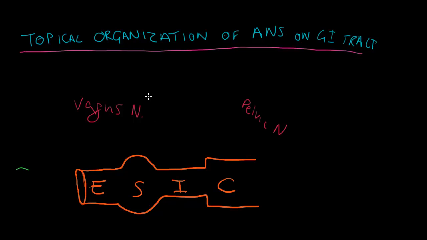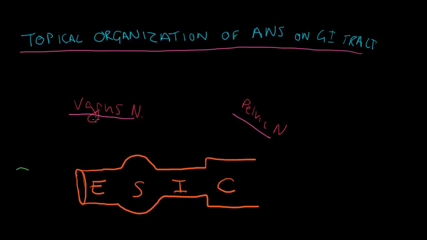We see here two parasympathetic nerves, the vagus nerve and the pelvic nerve. The vagus nerve comes from the brainstem in the medulla, and the pelvic nerve comes at the other end near the pelvis, specifically the sacral region.